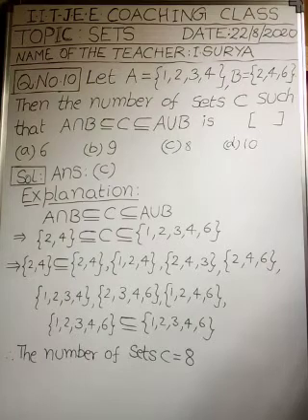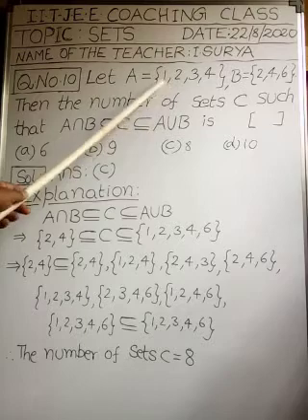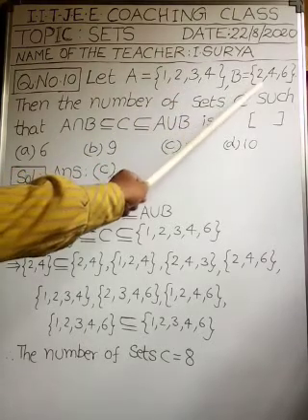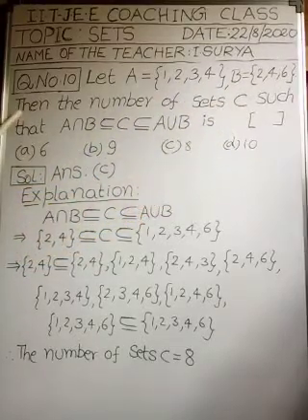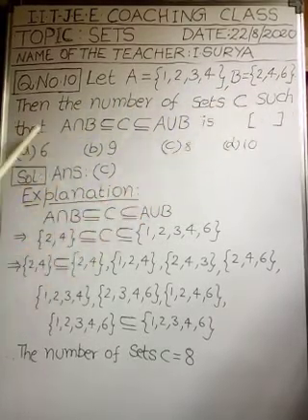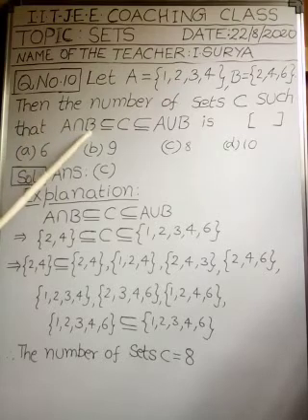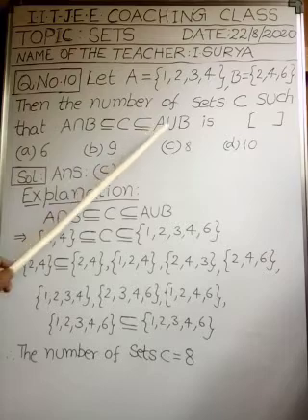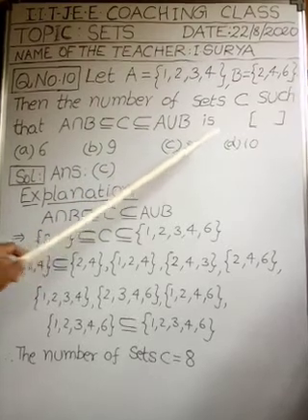Now come to question number 10. Let A be equal to the set 1, 2, 3, 4 and B be equal to the set 2, 4, 6. Then the number of sets C such that A intersection B is a subset of or equal to C, which is a subset of or equal to A union B, is.